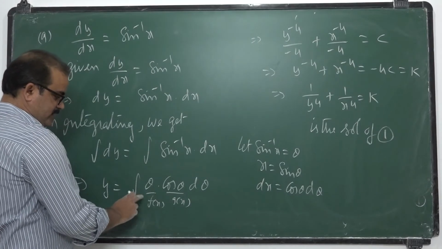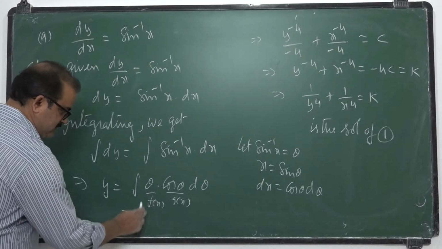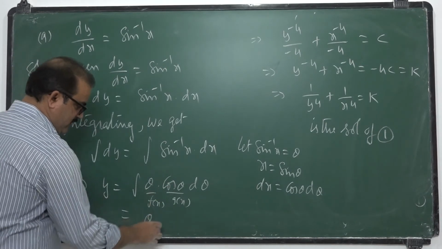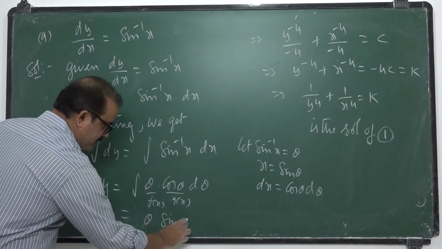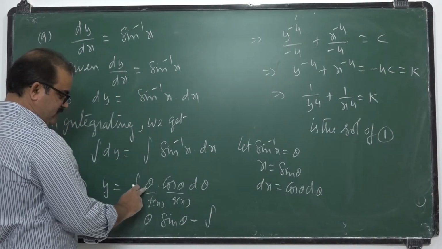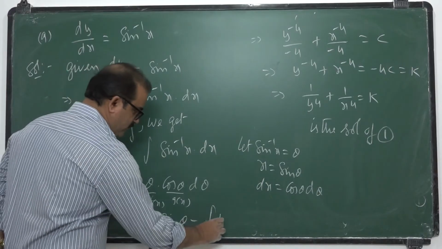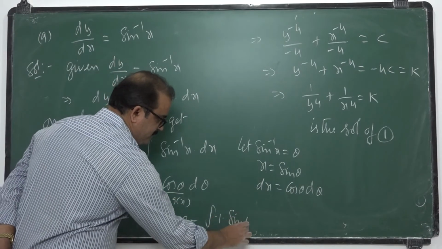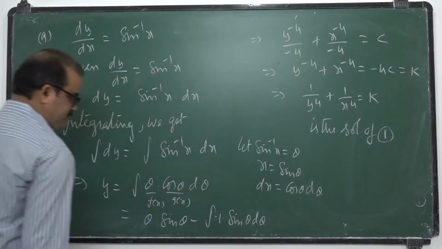What is the integral of f of x into g of x? First function f of x into integral of cos theta, that is sin theta, minus integral of the derivative of the first function, derivative of theta is 1, into integral of the second function, sin theta into d theta.